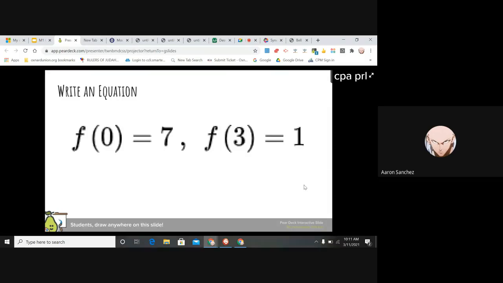Now, write these down, because you have this on your test. There's a test question. I just saw it. There's a test question that looks like this.